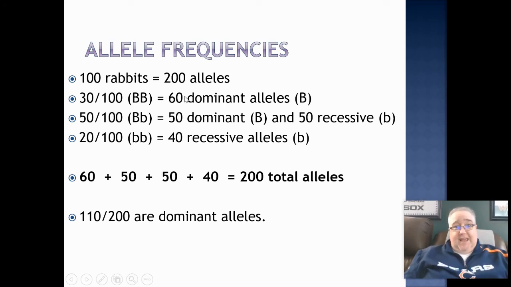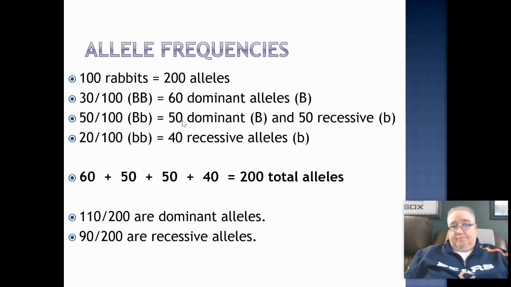These 60 here are dominant alleles, and these 50 here are dominant alleles. So 110 out of 200 are dominant. How many are recessive? 90, right? I mean, there's only recessive alleles left. So again, these 50 here are recessive, and these 40 here are recessive. That gives us a total of 90.